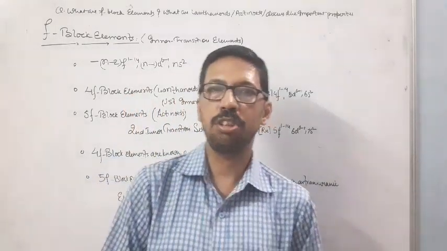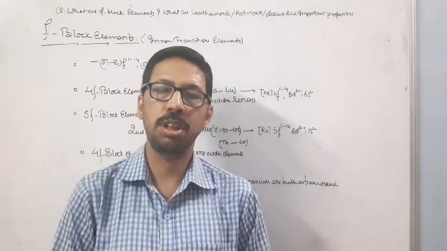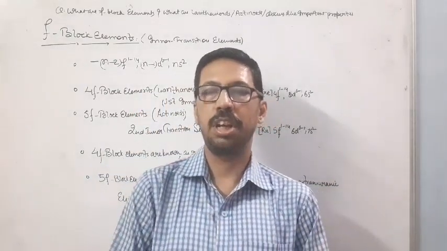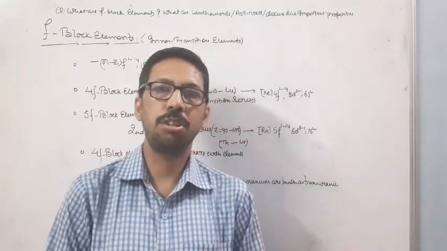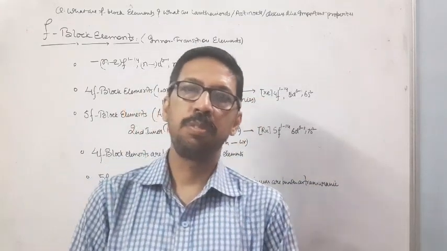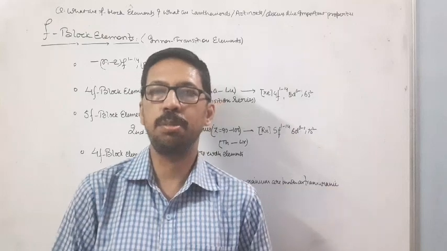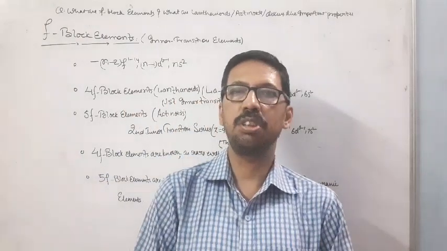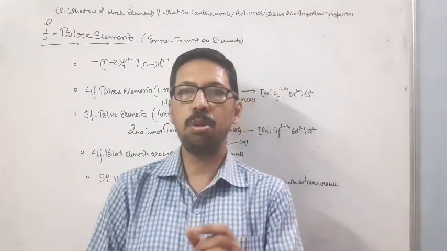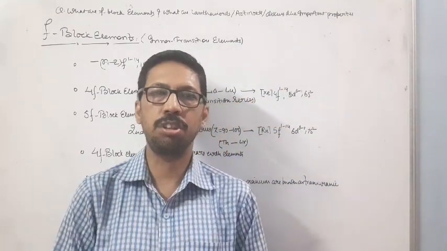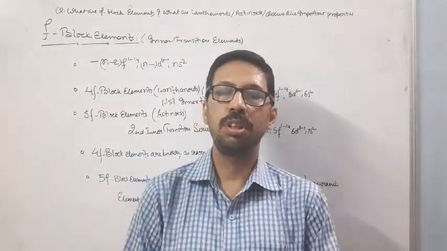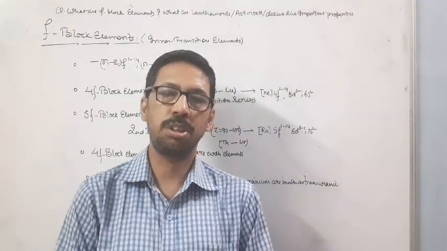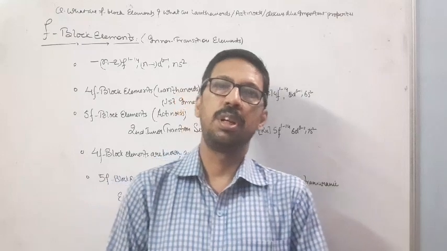Now the question is why the f-block elements are known as inner transition elements. The answer is very simple: like transition elements, f-block elements also have a tendency to show more than one oxidation state, which means they show variable oxidation states.